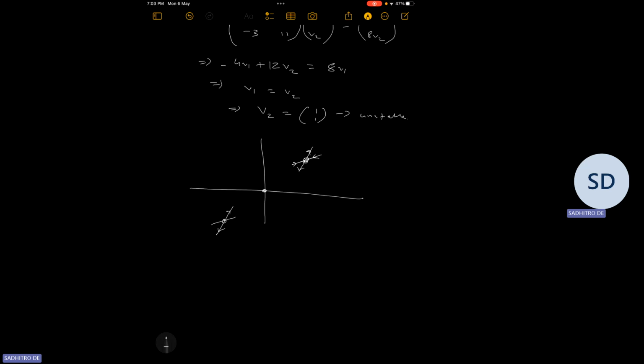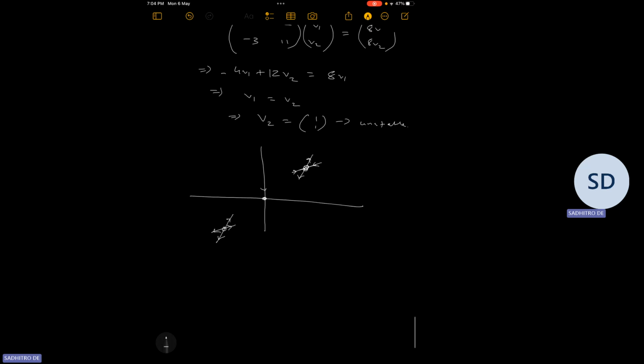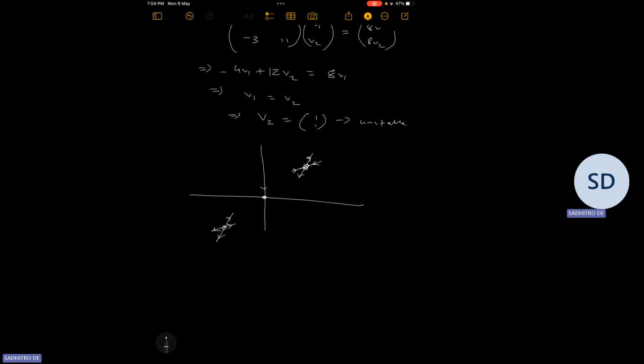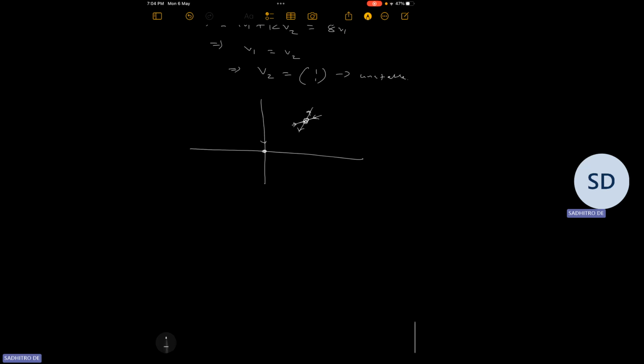So in the neighborhood of these fixed points, the flow is like this, and this is corresponding to x equal to y.